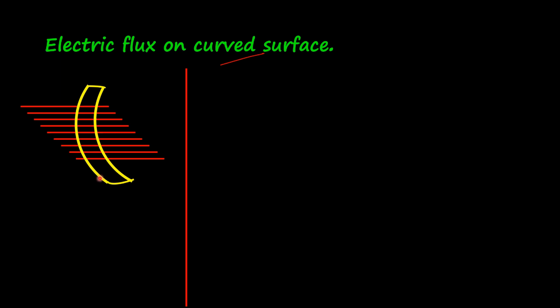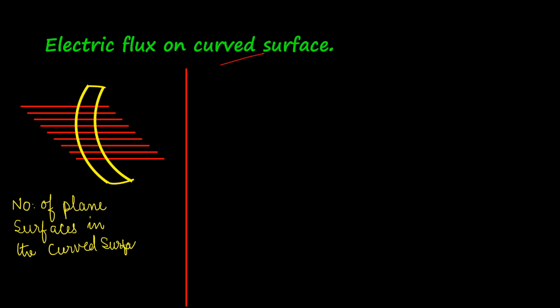Instead, the curved surface is assumed to be made up of a large number of plane surfaces. Electric flux for each such small minute plane element is calculated and then their total is taken. Let the number of such plane surface elements in the curved surface be equal to n.